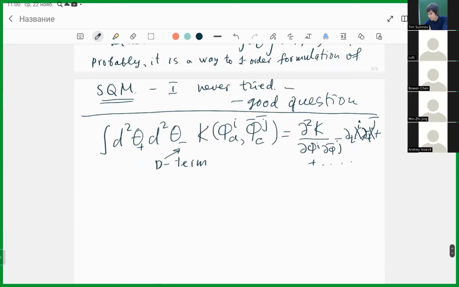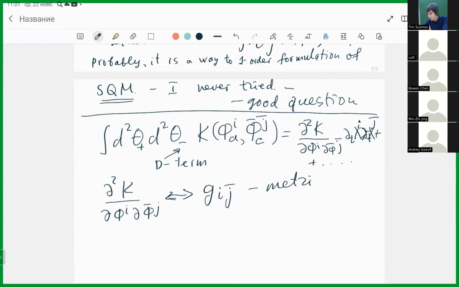And one may check that d2K over d phi I, d phi bar J bar would be the metric on the target space.